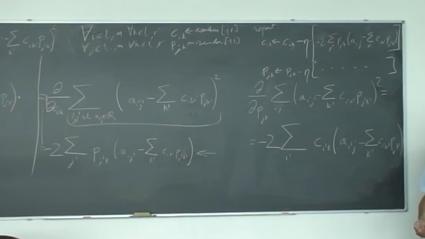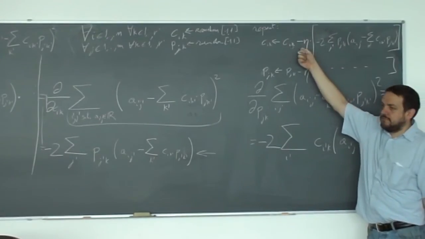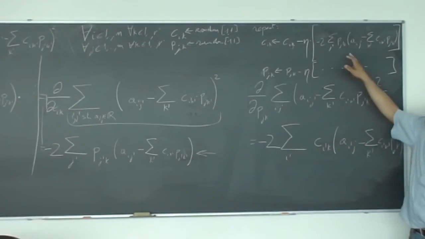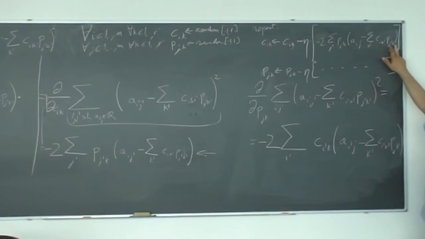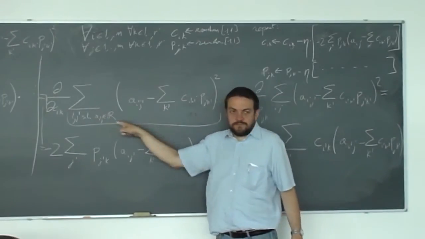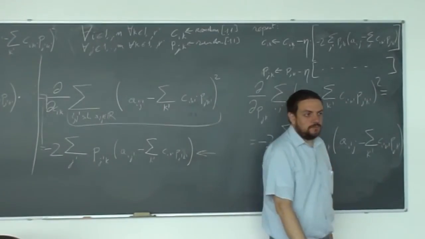By doing this, we should finally get, after a few iterations, to some combination of Cik and Pjk values that minimizes the error, the overall error.